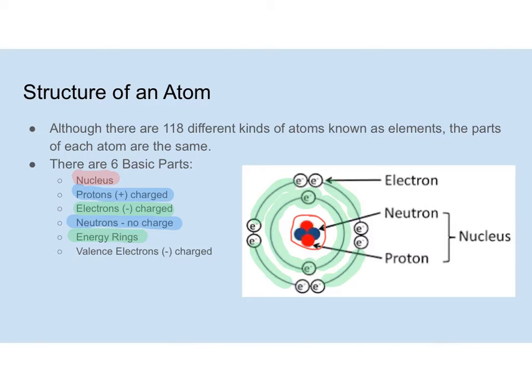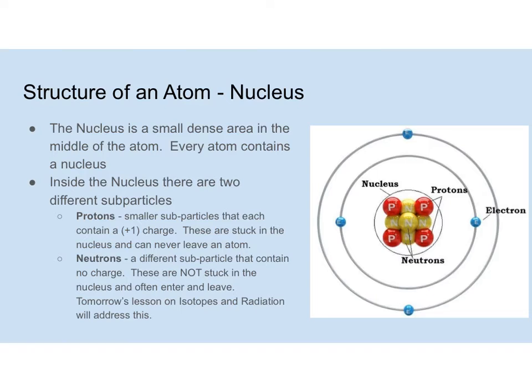Then we have valence electrons, which may be a little bit new depending on who taught you in grade 9. Valence electrons are different from other electrons. These are the electrons in the outer ring, not including the inner ring electrons. That one is not a valence electron, that's just a regular electron. The outer ones are valence electrons. And those are the parts of the atom.